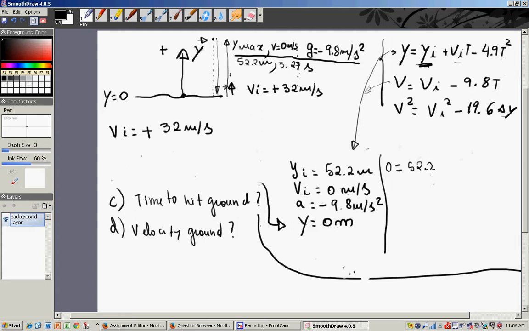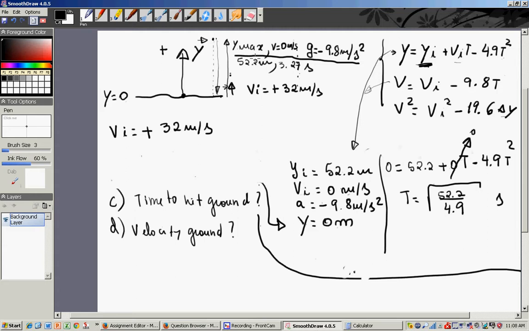Final position is equal to initial position plus initial velocity times t minus 4.9 t squared. Therefore, this is 0. T shall be the square root of 52.2 divided by 4.9, whatever the number is, in seconds.